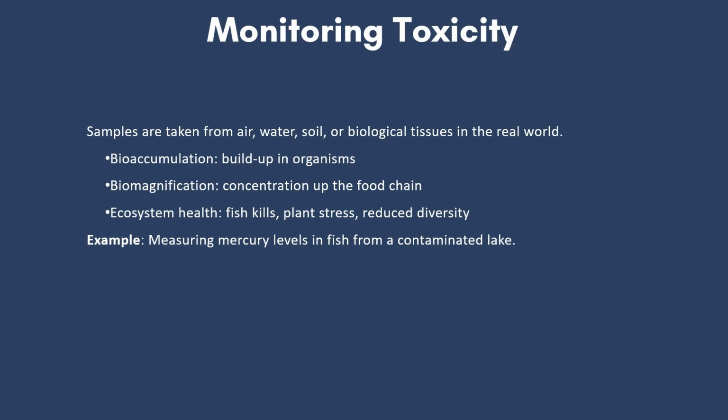And we monitor ecosystem health indicators, such as if we were to see a mass die off of fish, or increasing stress on plants, or lower diversity. These are examples of where we might see kind of red flags to indicate that the ecosystem has a health issue.